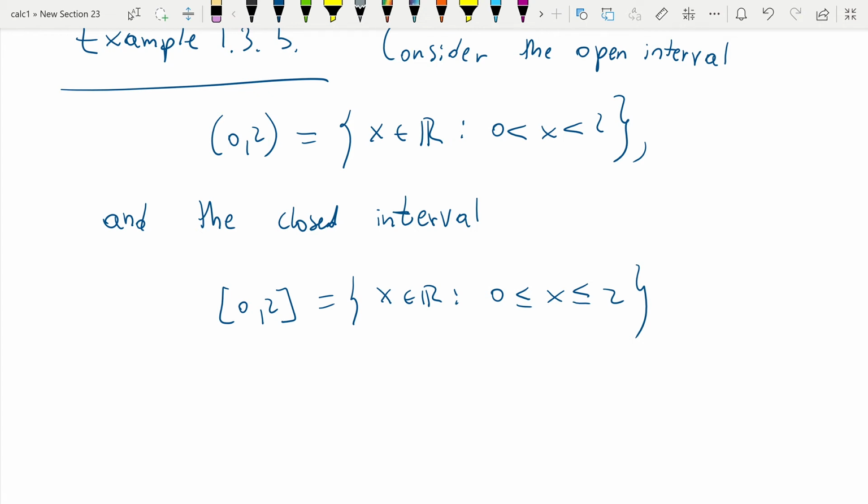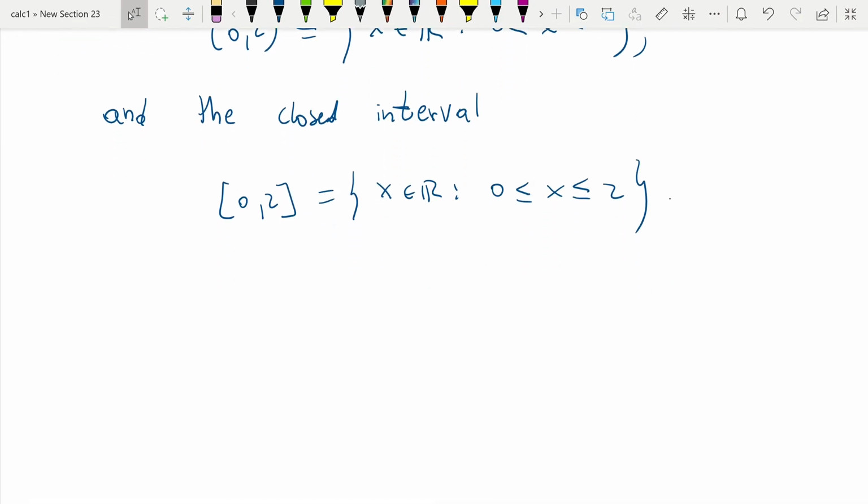And so the thing I wanted to mention with respect to this is as it relates to the notions of minimum and maximum. The first observation is that the supremum and the infimum for both sets are the same.